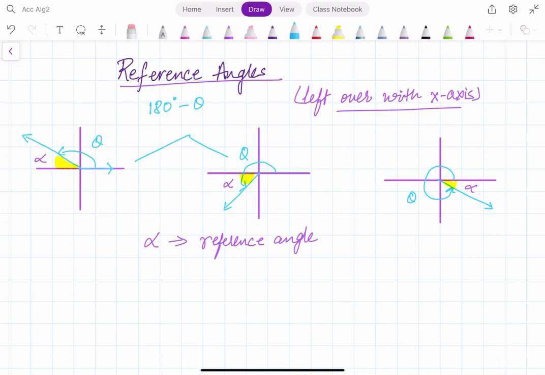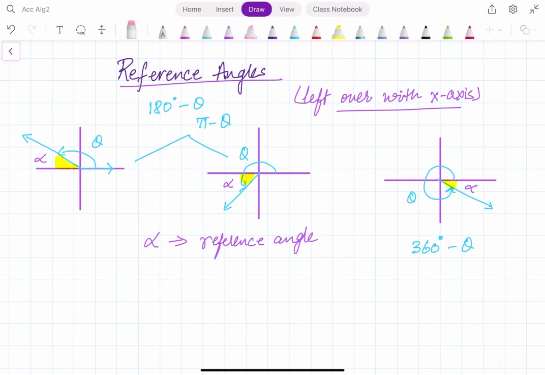Now, for the first one, we can say 180 degrees minus theta because it is closer to 180 degrees, right? Or in terms of radians, pi minus theta. For the third option, it is closer to 360, so 360 minus theta. What is left over theta? Or in terms of radians, 2 pi minus theta, or you can say theta minus 2 pi.